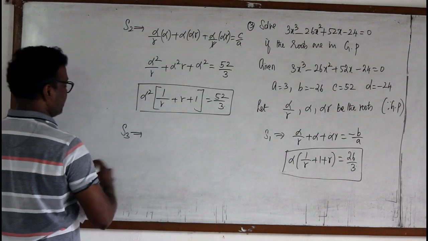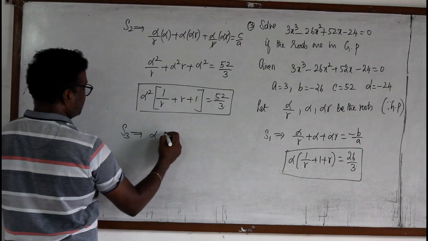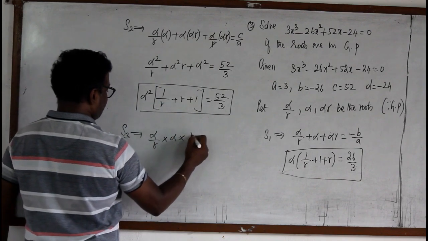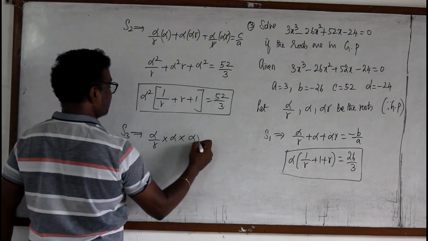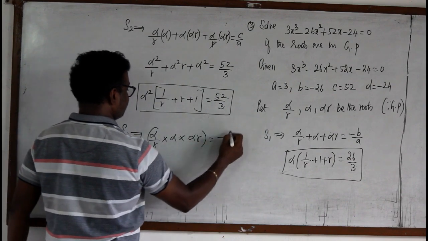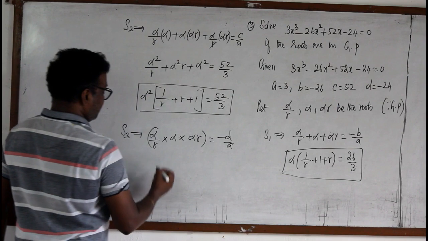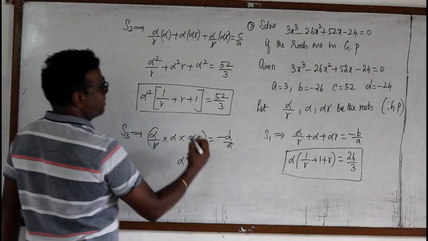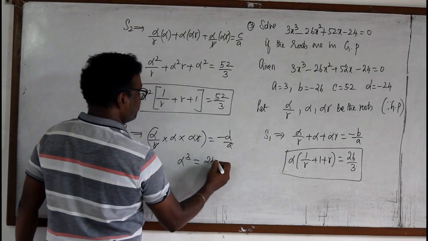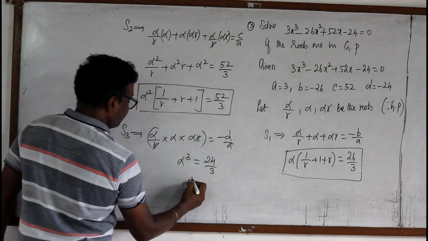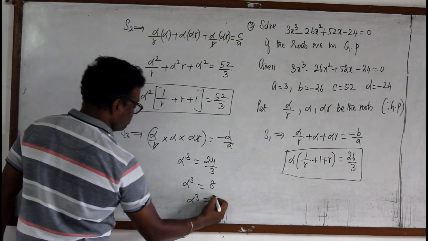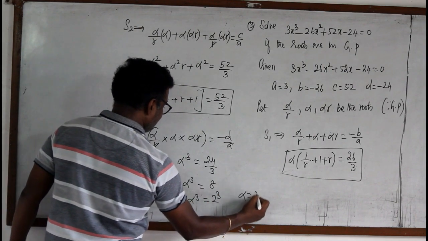Alpha into alpha by r into alpha r is equal to minus d by a. Here r cancels. Alpha cube is minus d, which is plus 24 by 3. Alpha cube is 8, so alpha cube is 2 cube. I got the value as 2.